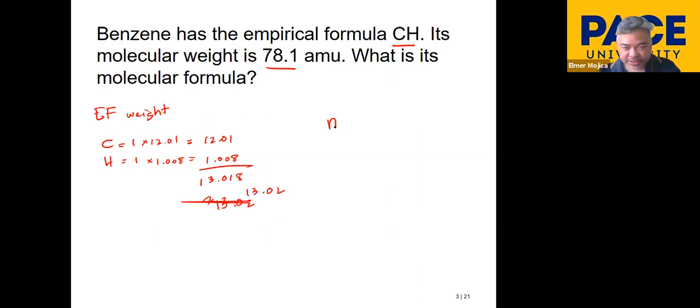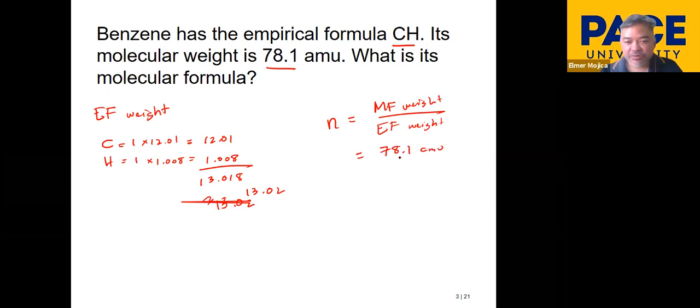So we can get the ratio. Molecular formula weight over the empirical formula weight. So it is just 78.1 AMU over 13.02 AMU. And that is equals to what?